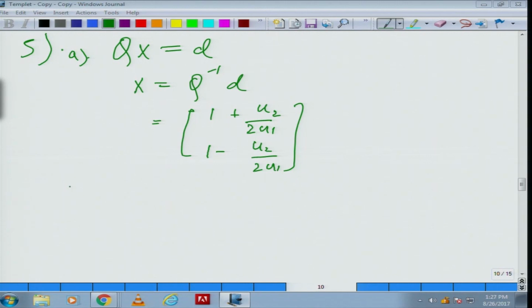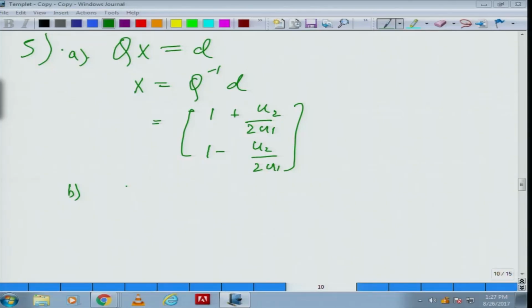Now coming on to the B part, this is a bit difficult. We need to find the norm and condition number of Q. So we'll take the V matrix to be cos theta and sin theta, which gives us the norm of V equal to 1. We have taken this to keep the solution simple and without losing any generality.